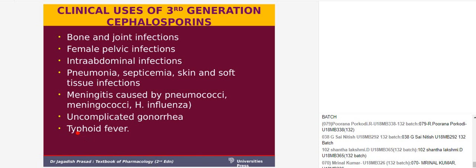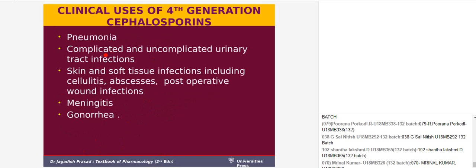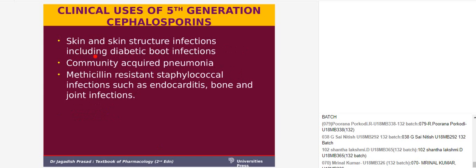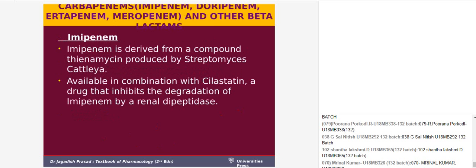The third generation we use for typhoid, the drug of choice for typhoid and other gram negative infections. Fourth generation: complicated and uncomplicated urinary tract infections, gonorrhea, meningitis, cellulitis, abscess, and pneumonia. The fifth generation we use in community acquired pneumonia, methicillin resistant staphylococcus infections, endocarditis, and bone and joint infections.